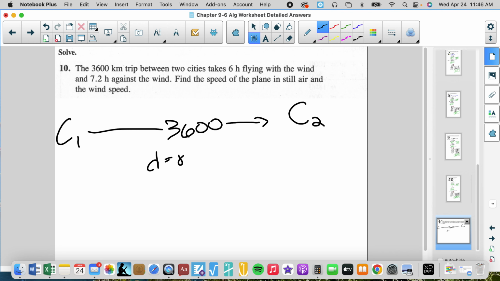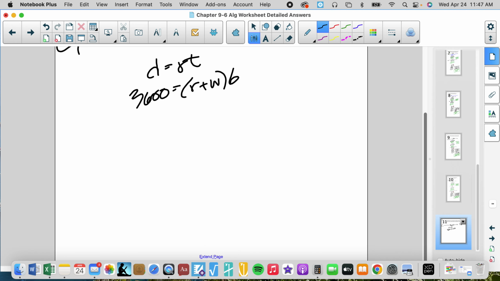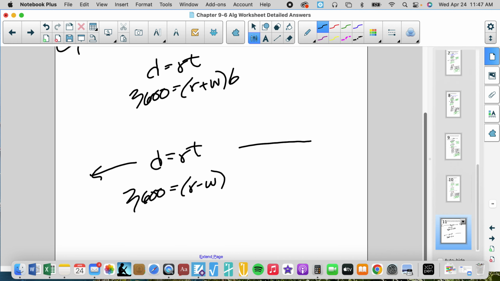Distance equals rate times time. 3,600 equals the rate plus the wind, takes 6. And then distance equals rate times time to go back. It still took 3,600, the same distance. Rate is minus, and it took 7.2.